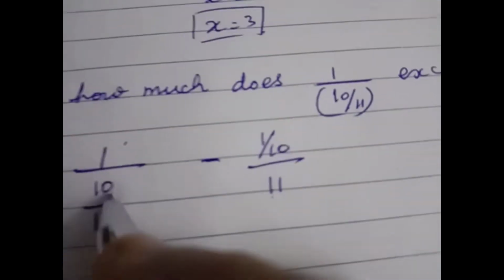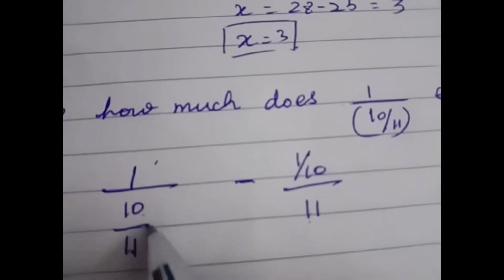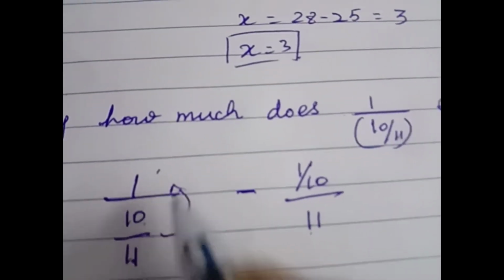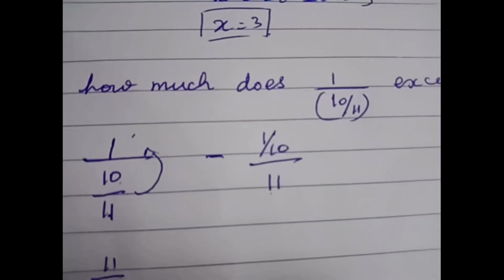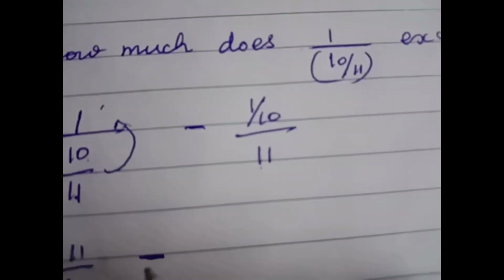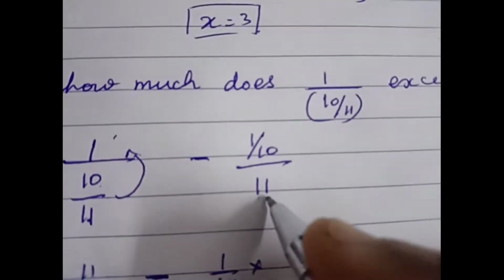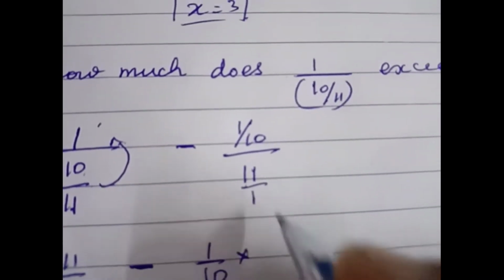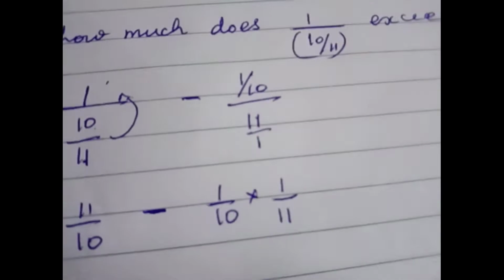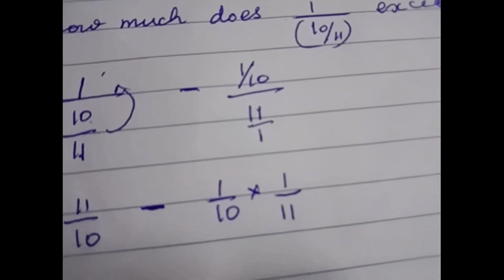If you take the reciprocal of 10 by 11 it is 11 by 10, minus, here 1 by 10 into, the reciprocal of 11 by 1 is 1 by 11. Therefore 11 by 10 minus 1 by 10 into 11 is 110.